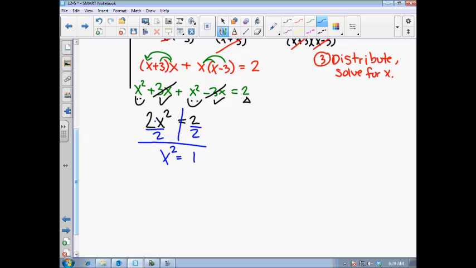How do we get rid of the square? Square root. So what's the answer? Plus or minus 1. Remember, square roots have 2 answers? Good job. Plus or minus 1.